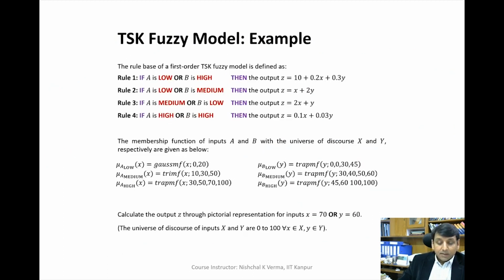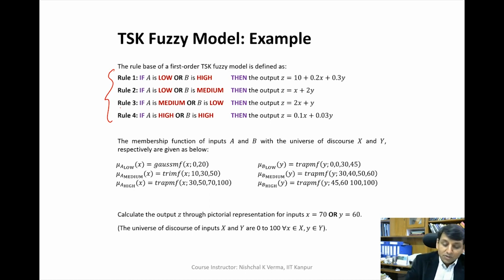And then here let us take an example to understand the TSK fuzzy model better. This example is basically a first order TSK fuzzy model, which has 4 rules, as you see here. So we have rule number 1, rule number 2, 3, 4.